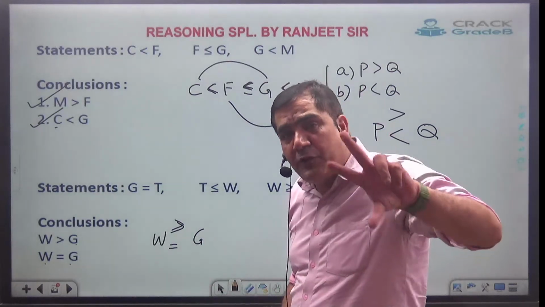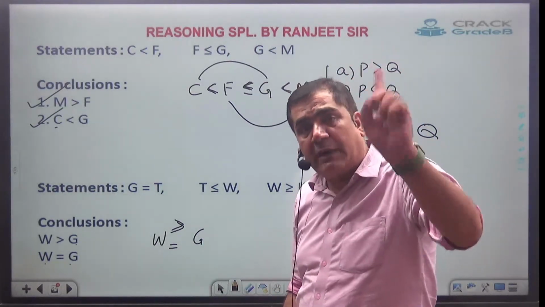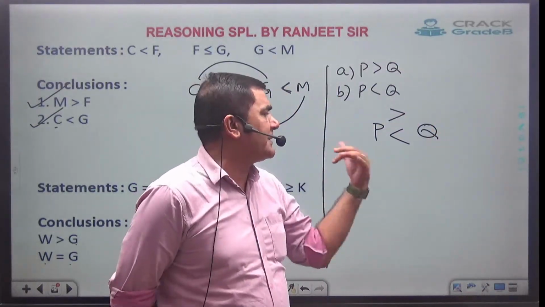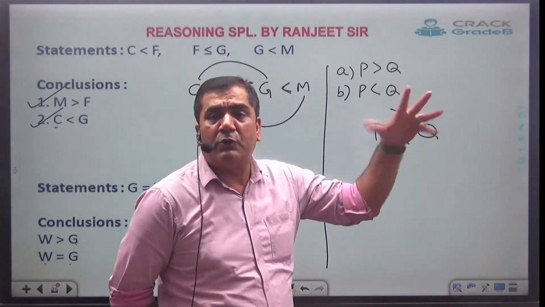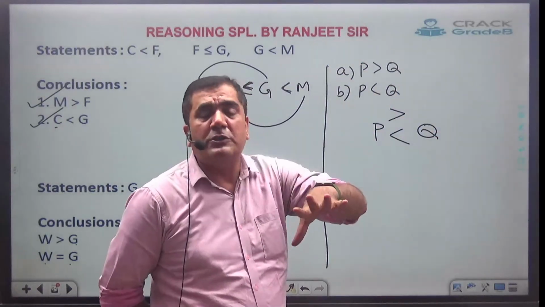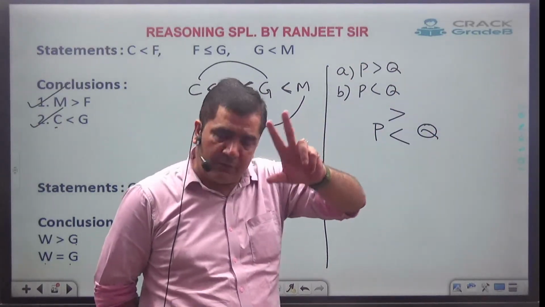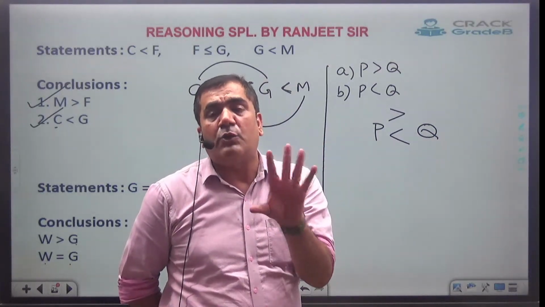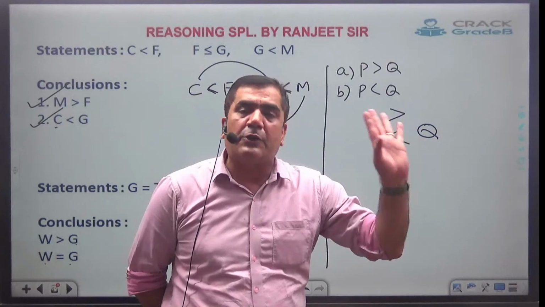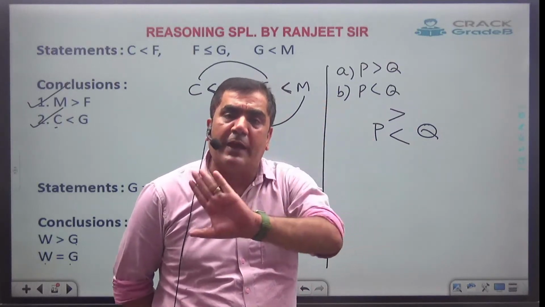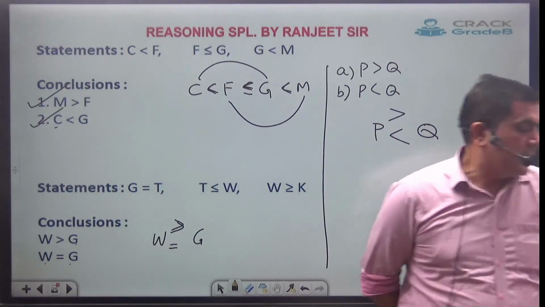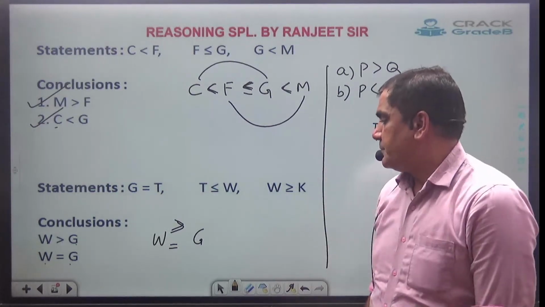So whenever two faces come, one must be equal to. Here, first is saying faces towards P, second is saying faces towards Q. Equal to has not come. So if equal to is not there, no point to check for either or, because either or won't be possible. Clear?